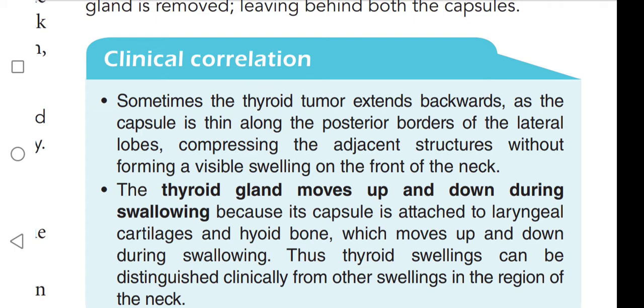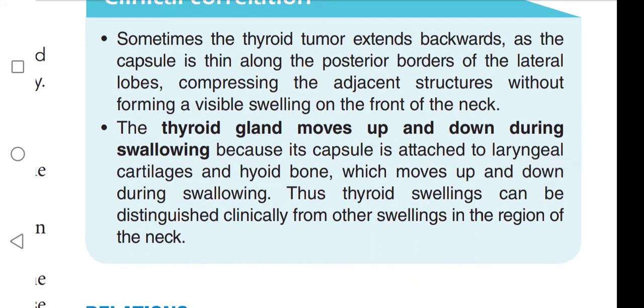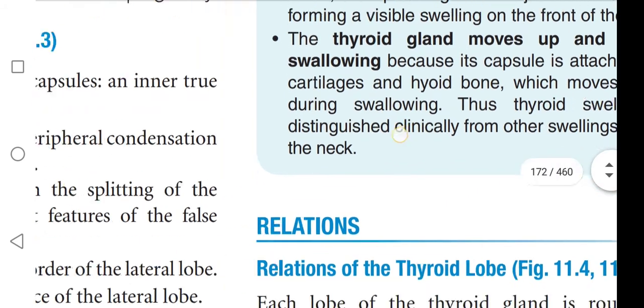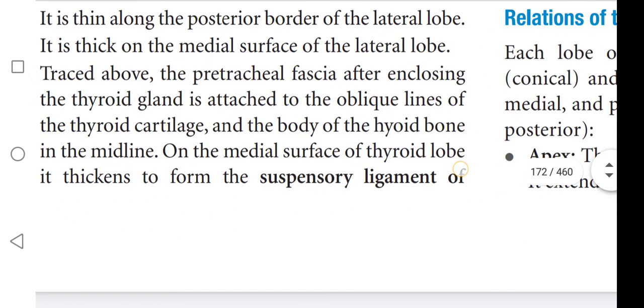Next, the thyroid gland moves up and down during swallowing because its capsule is attached to the laryngeal cartilage and hyoid bone. This pretracheal fascia, after covering the lateral lobes, continues with the thyroid cartilage and the hyoid bone.